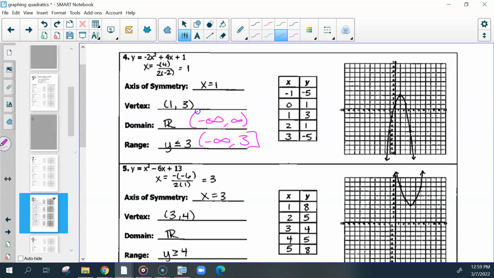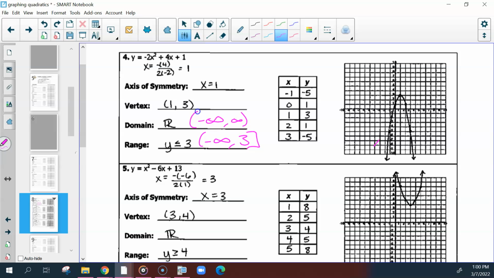Do we have any questions on number 4? Jada. Domain is going to be the same no matter what. If you're looking at your x values, what is the furthest point to the left and the furthest point to the right that this stops at? It doesn't ever stop because it's going to keep going out slightly to the left and slightly to the right.